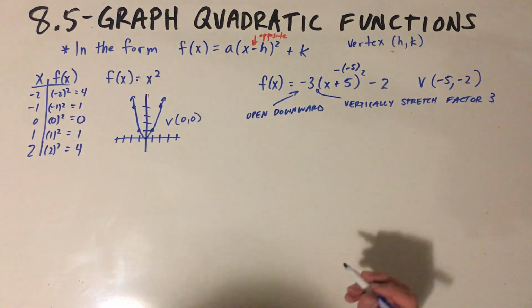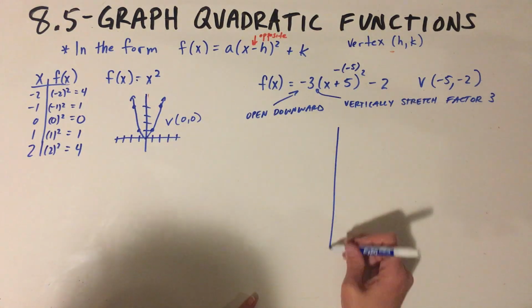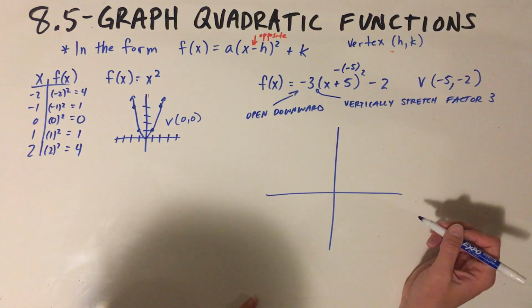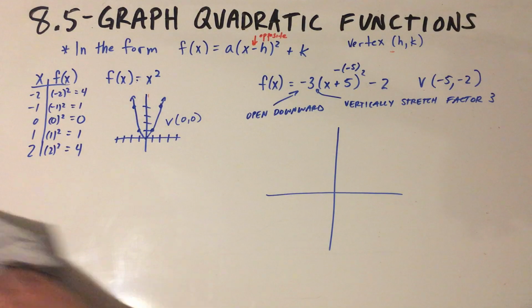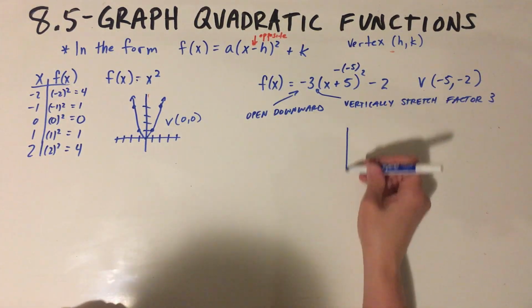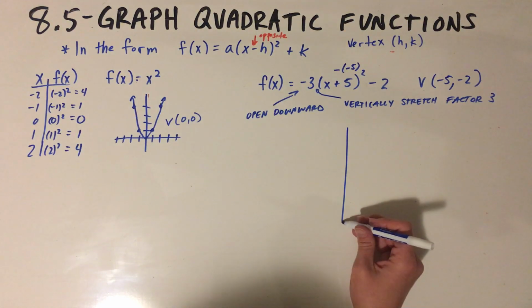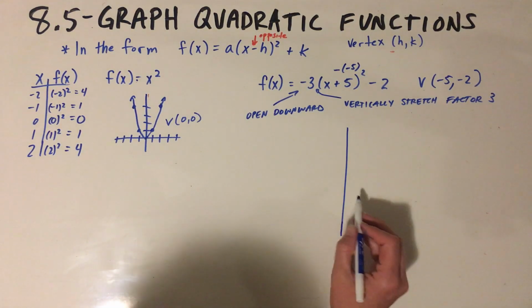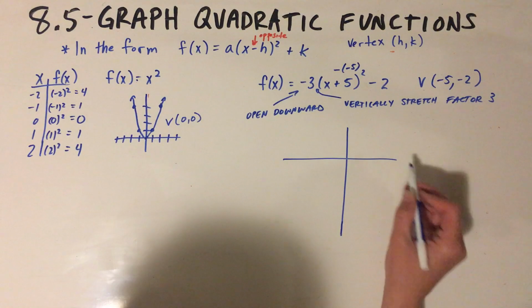Okay, so what does the graph look like? Oh, let me draw a different one. We want to do -5, -2, so we'll draw the line like this.